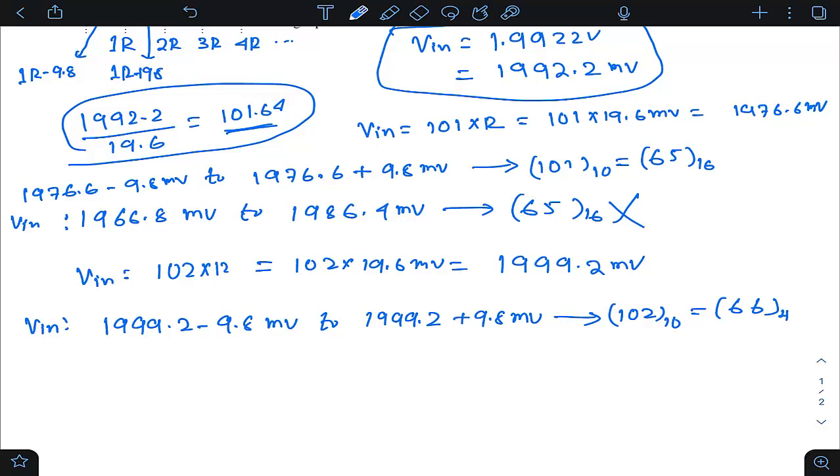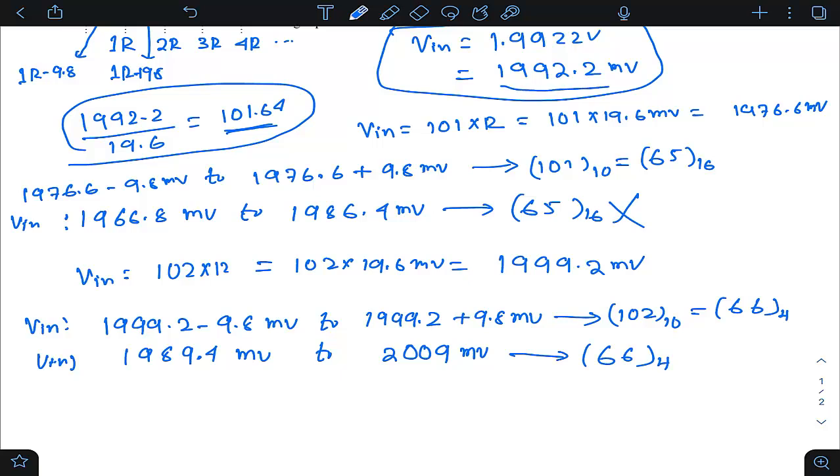Evaluating, this range is 1989.4 millivolts to 2009 millivolts. If the input lies in this range, the output is 66 in hexadecimal.